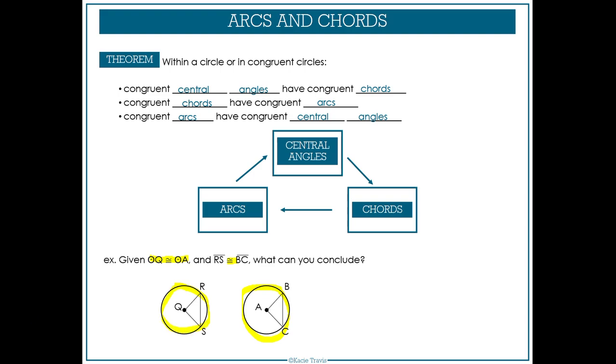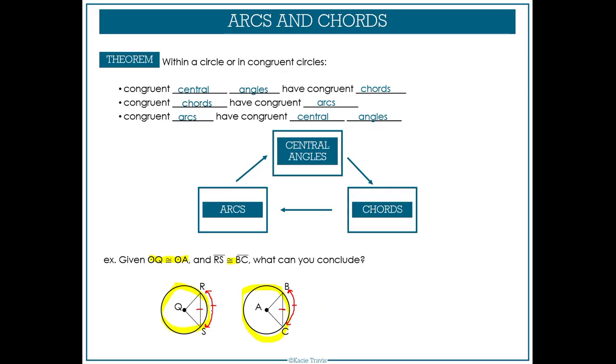stuff that we know. Now, if this chord BC and this chord RS are the same, congruent chords make congruent arcs. So that means that this arc coming from R over to S and this arc coming from B over to C, these guys are congruent just the same way that these two line segments are.